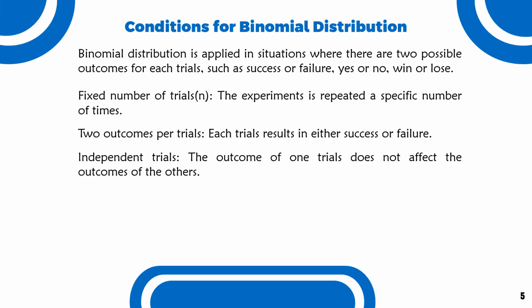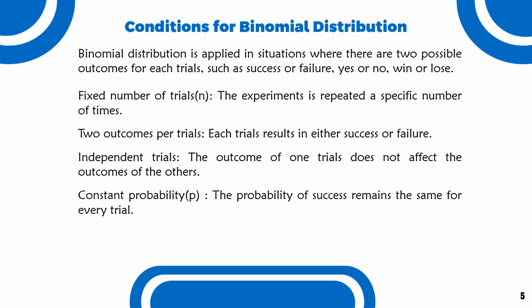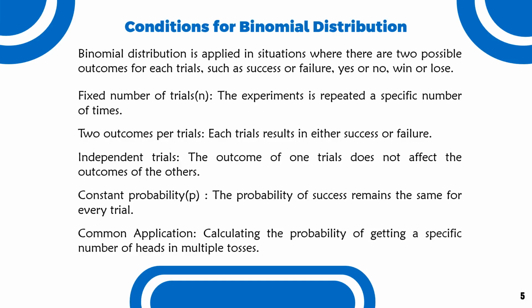Independent trials: the outcome of one trial does not affect the outcome of the others. Constant probability: the probability of success remains the same for every trial. Common application: calculating the probability of getting a specific number of hits in multiple tosses.